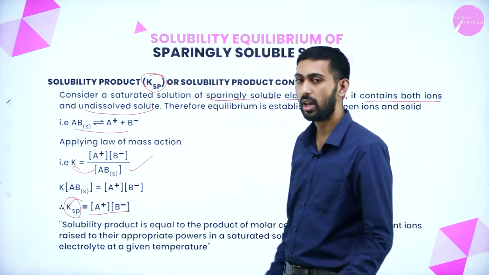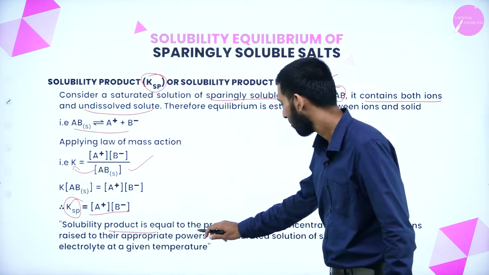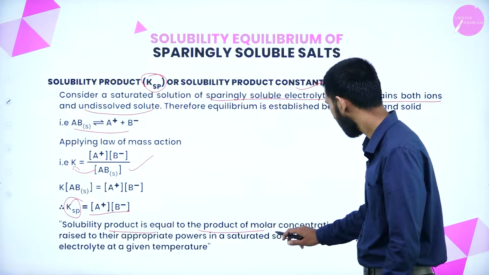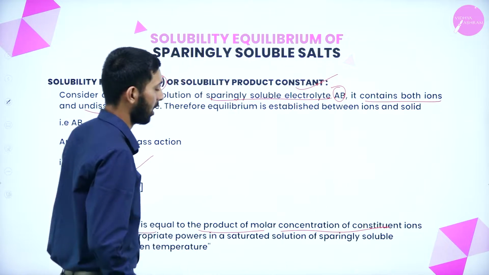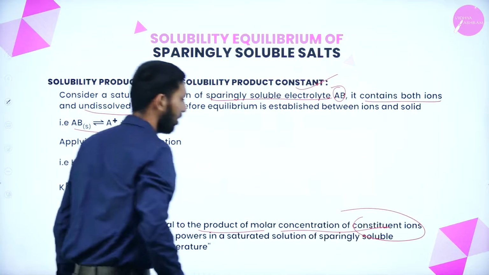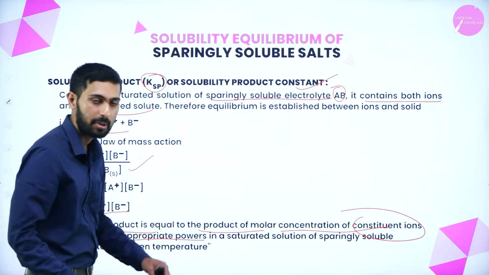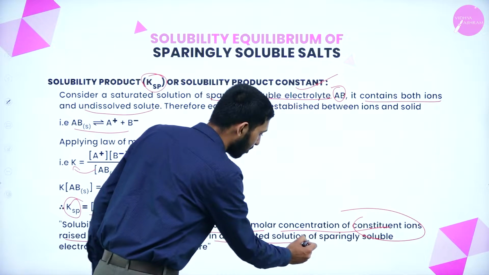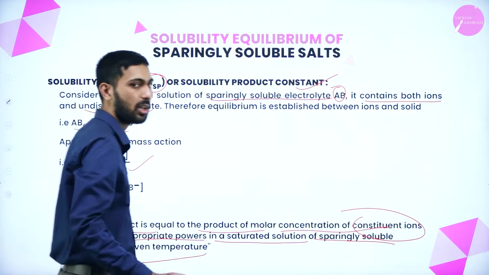Now let us see the definition. Solubility product is the product of molar concentration of constituent ions raised to their appropriate powers in a saturated solution of a sparingly soluble salt at a given temperature.